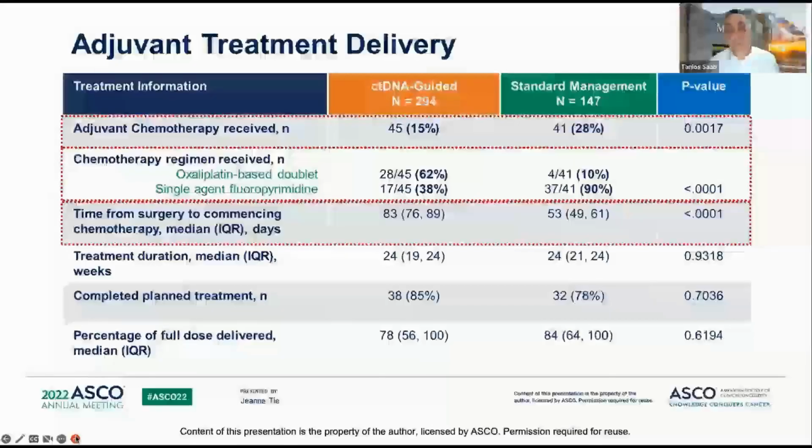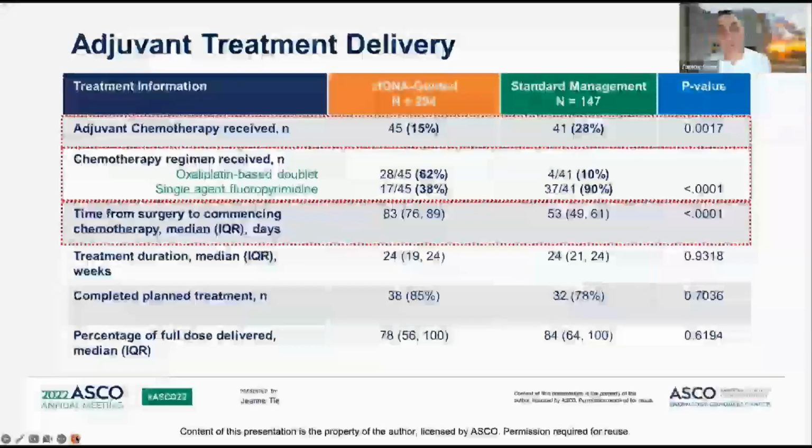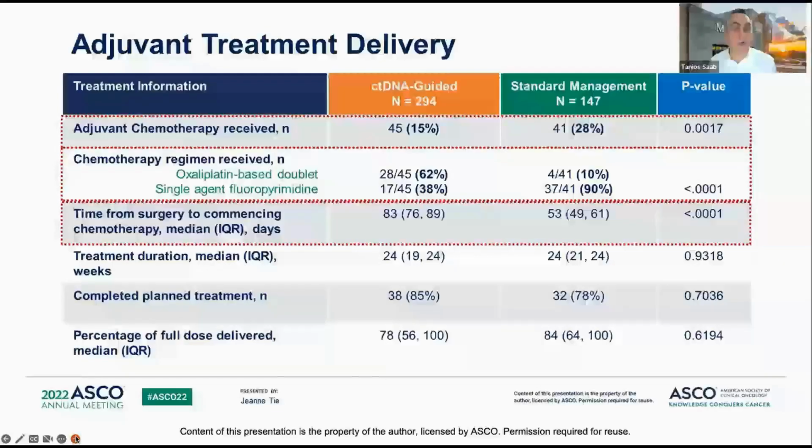Looking at the key secondary endpoint of adjuvant therapy received, patients on the ctDNA guided arm, meaning you use the MRD assessment as part of the guidance, received about half as much chemotherapy as the standard management group. So 15% of the patients on the ctDNA guided arm received adjuvant chemotherapy versus close to 30% on the standard management.